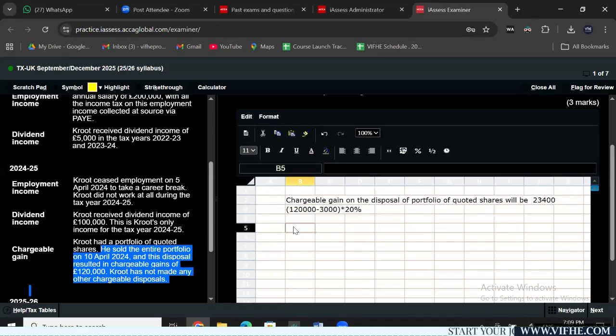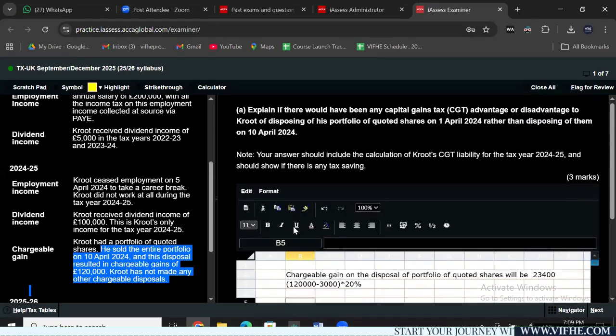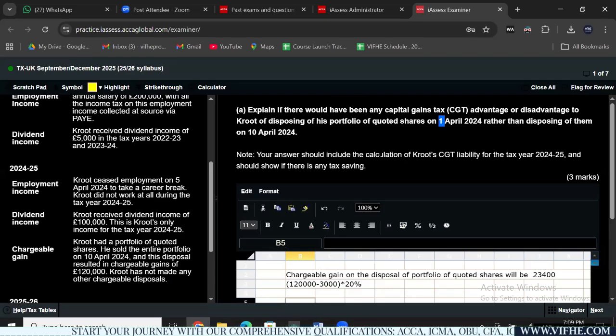Okay. See, we need to explain what may happen if these shares are going to be sold on 1st April rather than on 10th April. There is a gap of just 10 days, whether they sell on 1st of April or 10th of April, and there is no indication that within the 10 days the disposal figure is going to change. So the gain will remain the same.